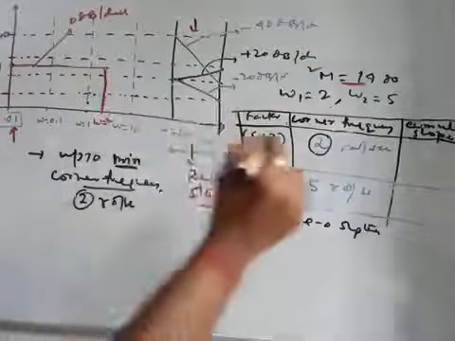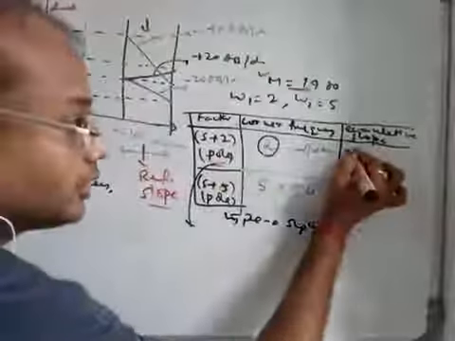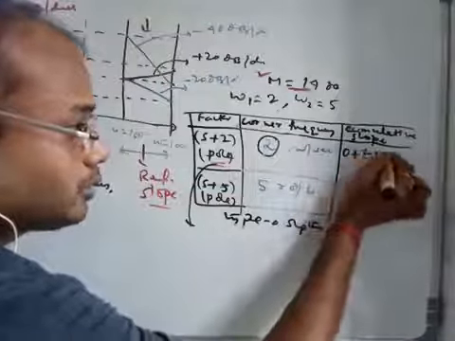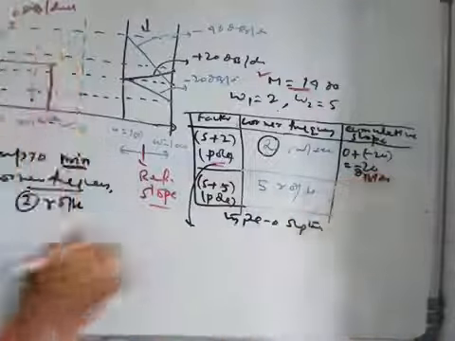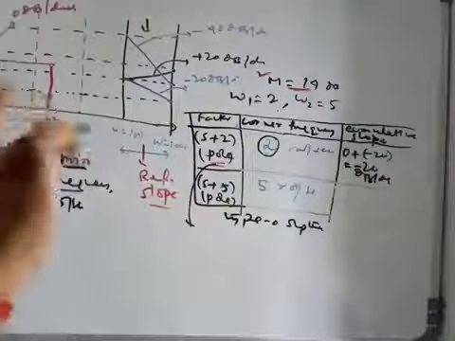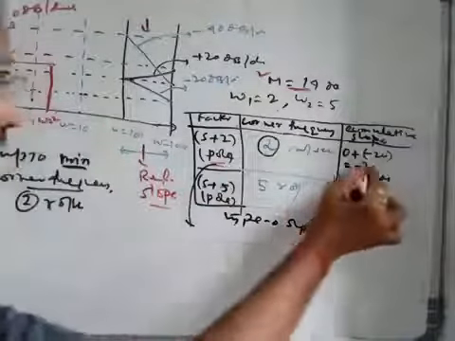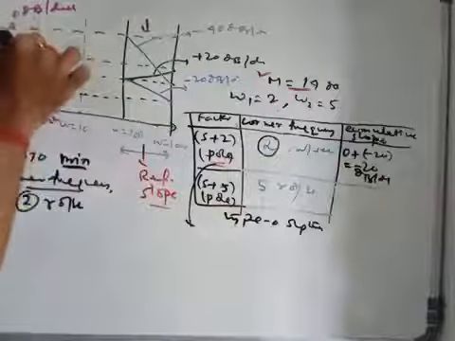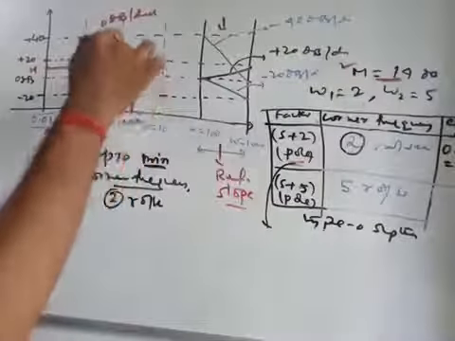The initial slope was 0 dB, so 0 plus -20, that is -20 dB per decade, is your cumulative slope. Cumulative slope means at -20 dB per decade, this graph will start from this position, because this is the position at omega equal to 2.